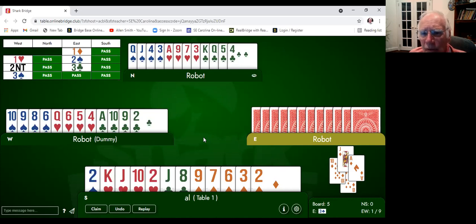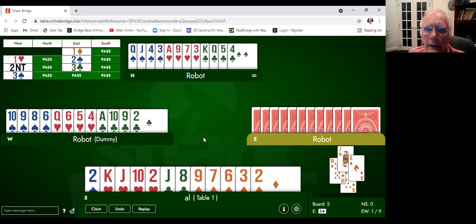That gave us no relative information, but because we led the 8, our partner was paying attention and goes, aha, my partner wants a heart led back. He's got something in hearts. He looks at dummy and says, the dummy has the queen, so my partner must have the king. Otherwise, he wouldn't have asked for hearts.